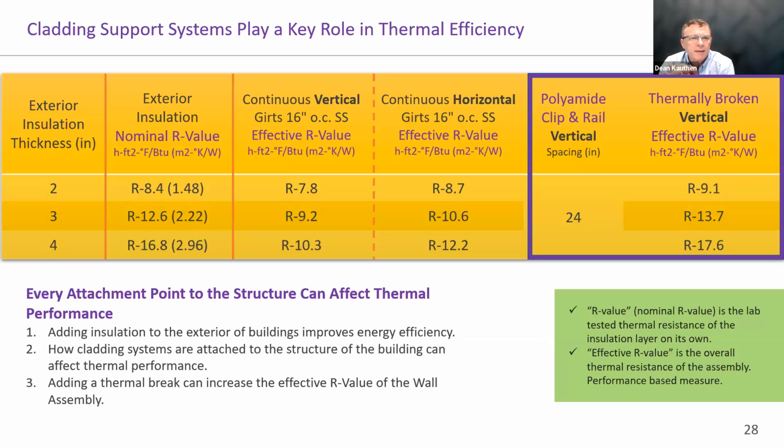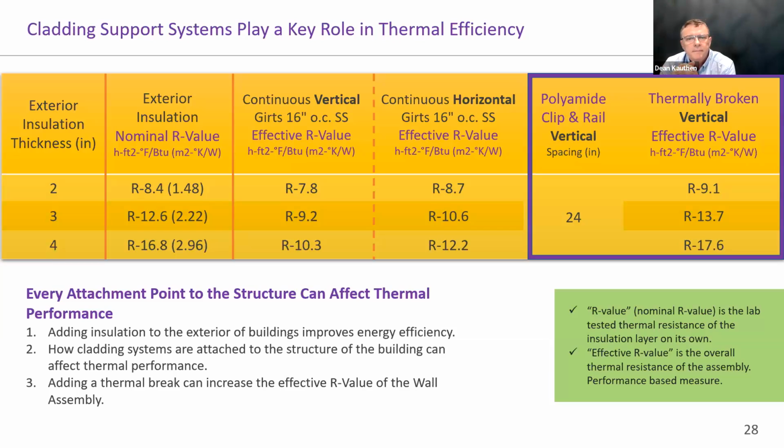When combined with vertical stainless steel girts that are 16 inches on center, we would note then that the wall has an effective R value of about 10.3.